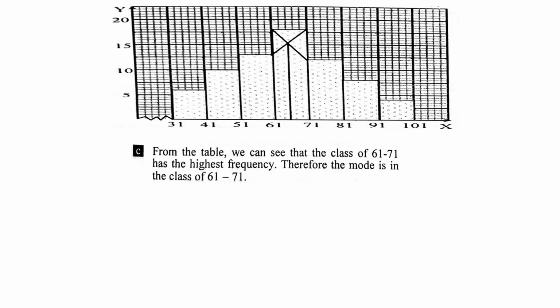From the table, we can see that the class of 61 to 71 has the highest frequency, that is frequency 18. Therefore, the mode is in the class of 61 to 71.